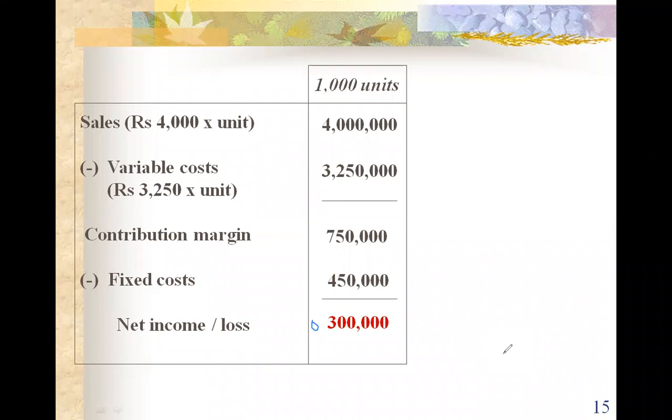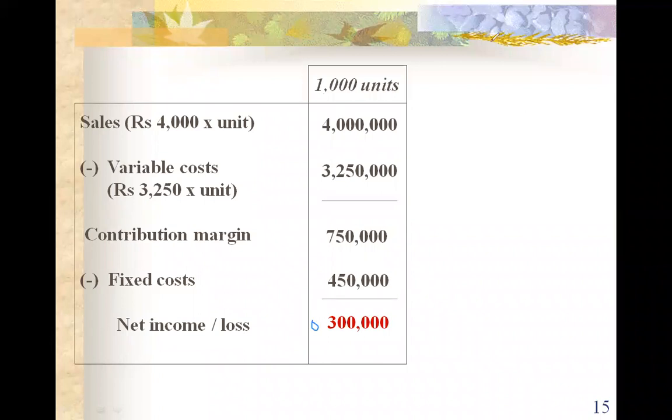So that means we can say here fixed cost is 4,50,000. We deduct the 4,50,000. So if our contribution margin was 4,50,000, then our net income or net loss will be 0.